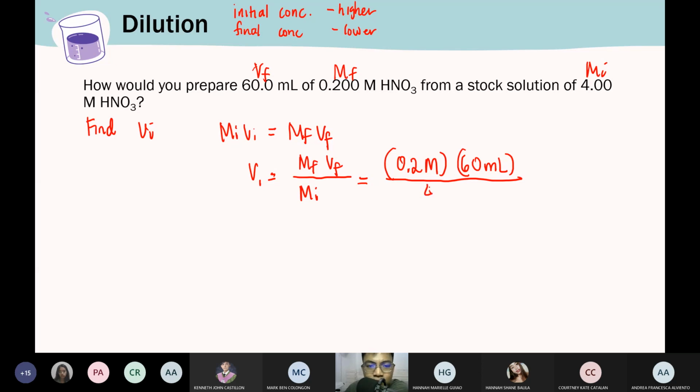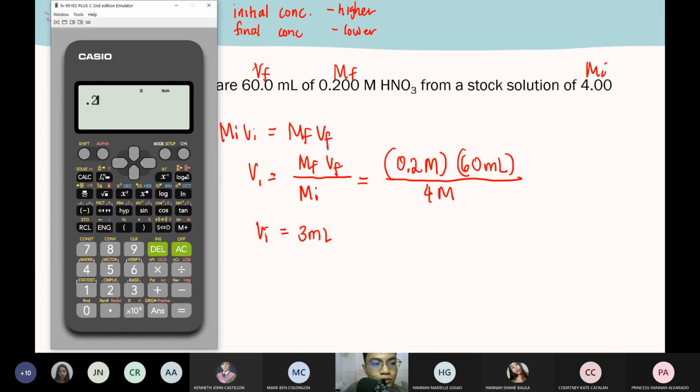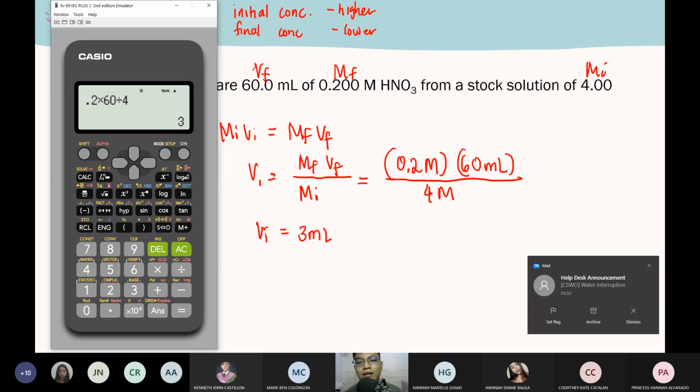Molarity initial, 4 molar. 60 times 0.2, maybe 12 divided by 4. 3 ml. So, the initial volume is 3 ml. Tama ba ako ng mental math? 0.2 times 60 divided by 4. Ayun, 3.